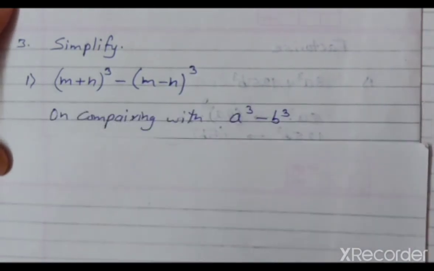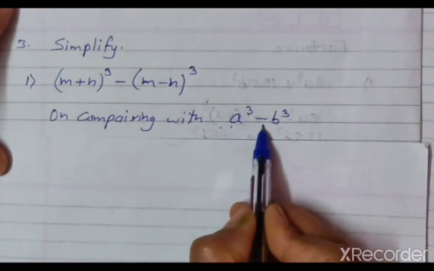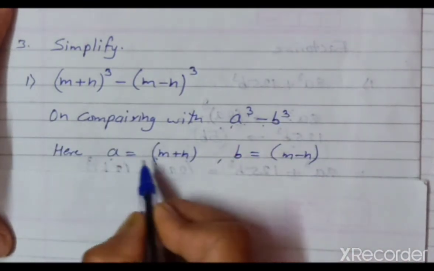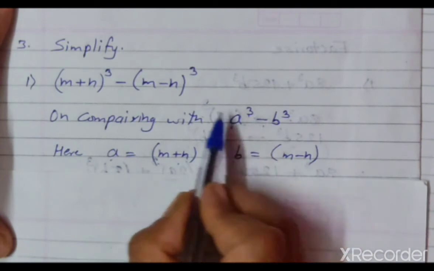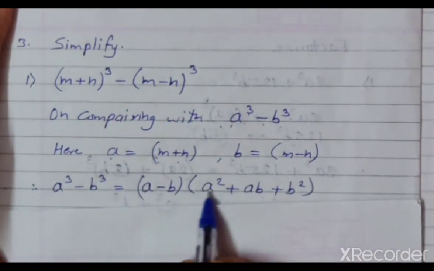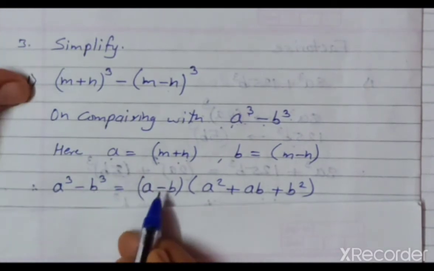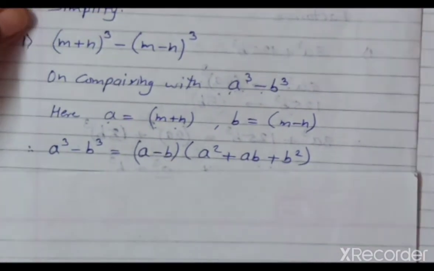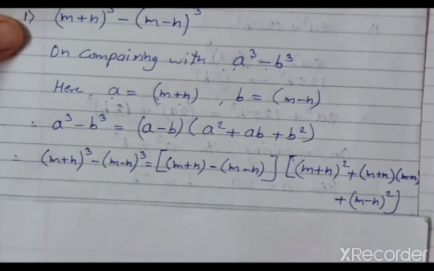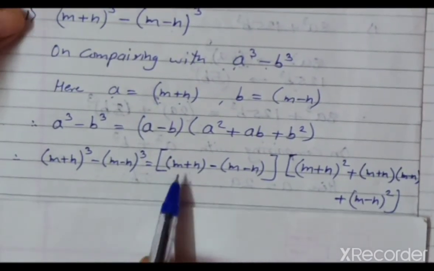So on comparing with this, we will get the value of a is equal to m plus n and the value of b is equal to m minus n. Again we know the expansion of this a cube minus b cube is equal to this one. Let's substitute all these values in this formula. So after substitution we will get this term.